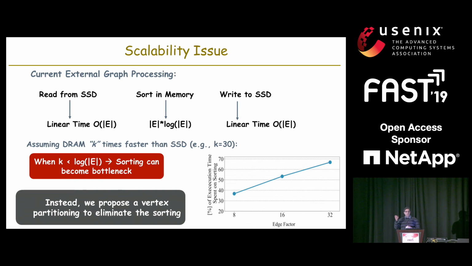When we increase the number of edges, because the size of the updates being generated is proportional to the number of edges, not vertices, we have more data and more updates, and it takes more time to sort them. When we increase the edge factor, the number of edges increases with the same number of vertices, and we can observe in this figure that the time spent only on sorting increases.